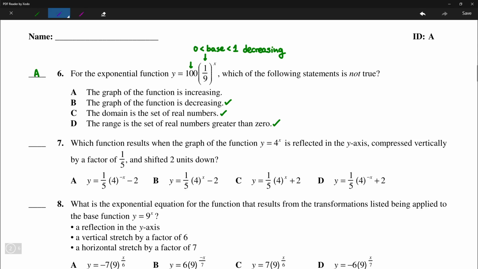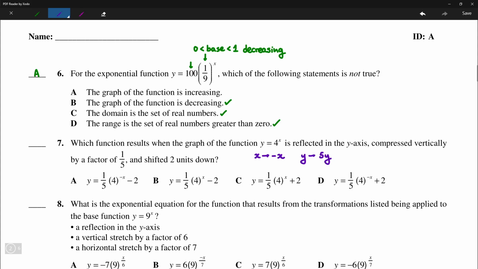Number 7. So we reflect the graph over the y-axis, which means instead of x, we will have -x. So that's the first transformation. Compress vertically by a factor of 5. So instead of y, we will have 5y. And shift it 2 units down.